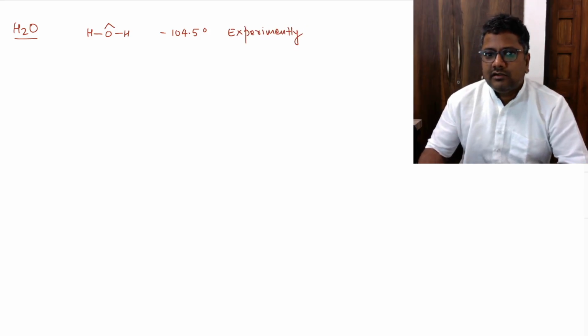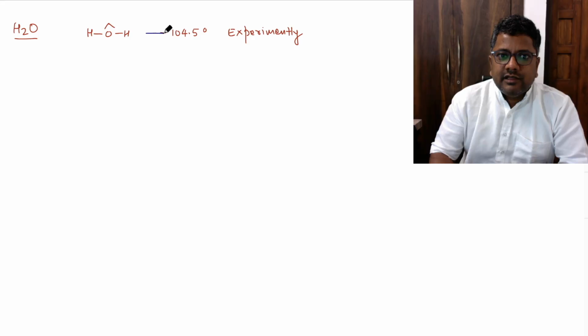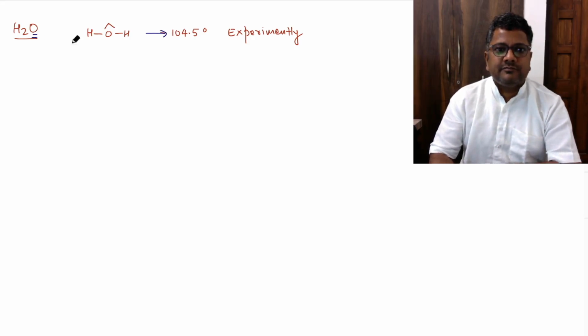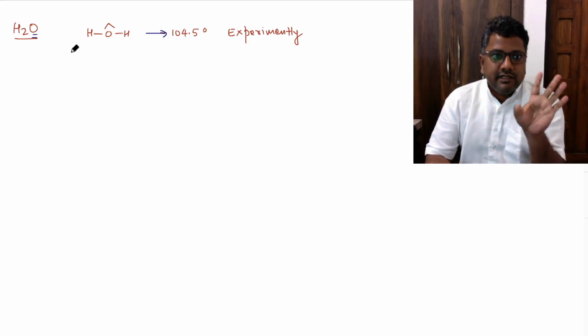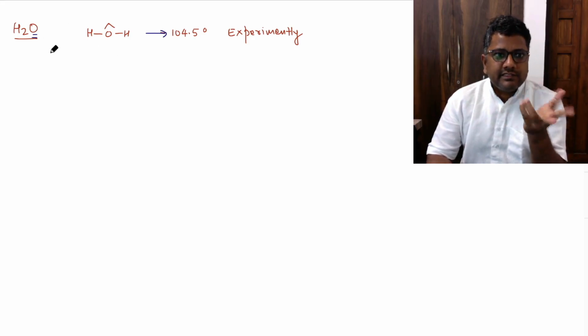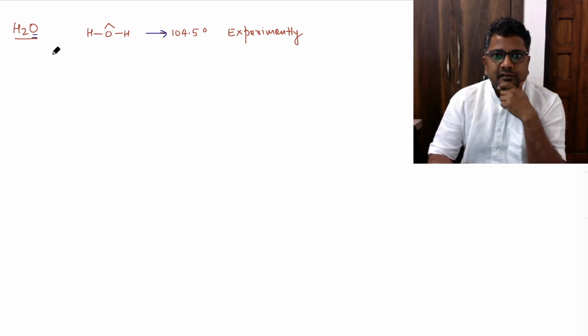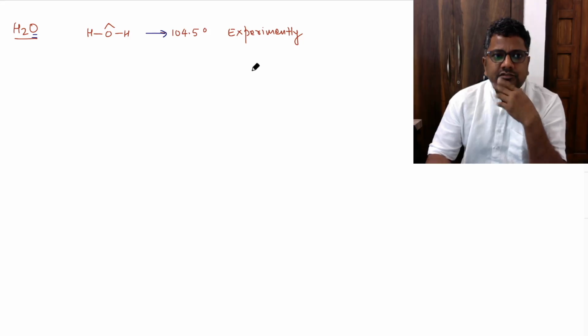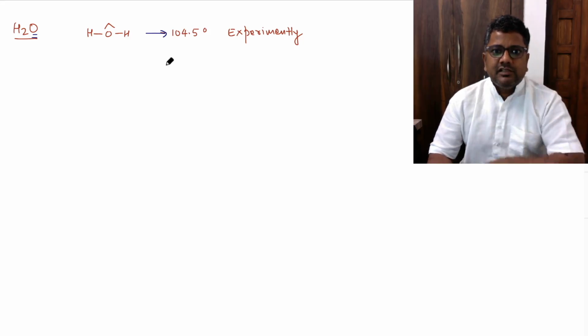Now, what kind of hybridization can you predict in the oxygen here? There is no d orbital in oxygen, only s and p orbitals, so only sp, sp2 or sp3, because a maximum of 3 hybridizations is possible, and this bond angle is closer to 109 degree. So what hybridization can you say? Only sp3.